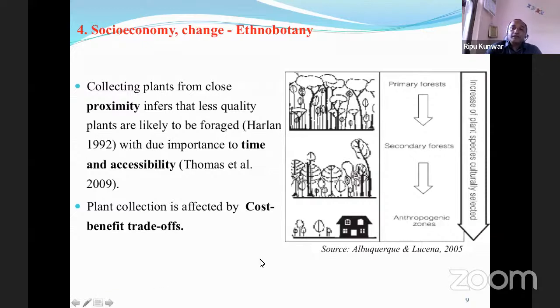This is because of the importance of time and accessibility. Collecting plants from close proximity might give less quality plants. So we can say that plant collection is affected by cost-benefit trade-offs.